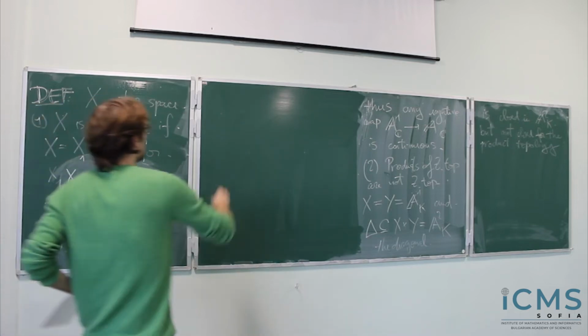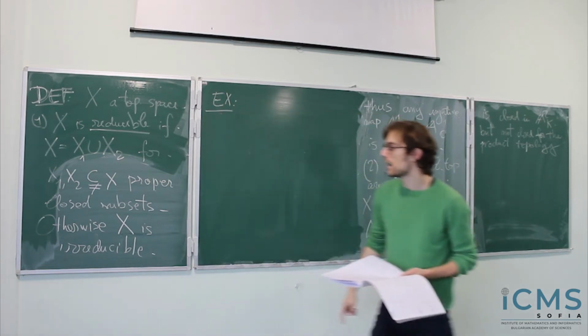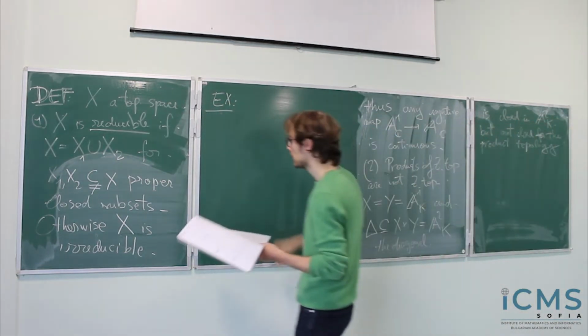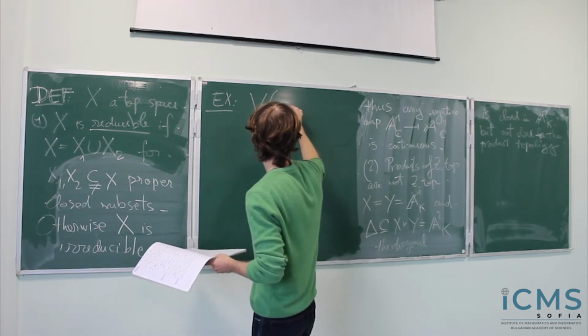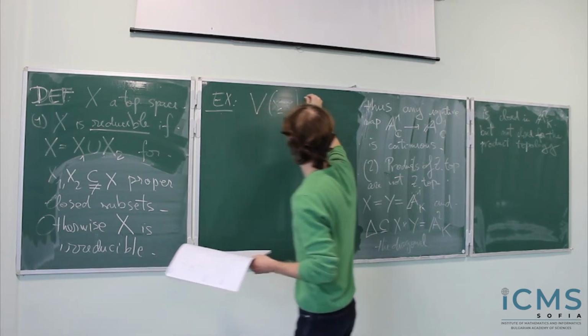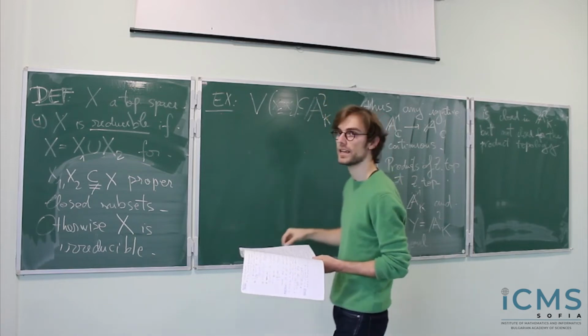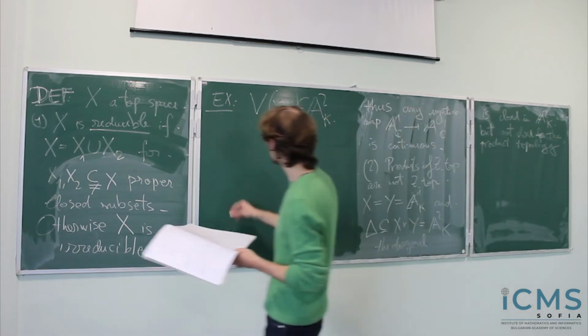So an example coming from our affine subsets: let's consider the plane itself with coordinates x1, x2.